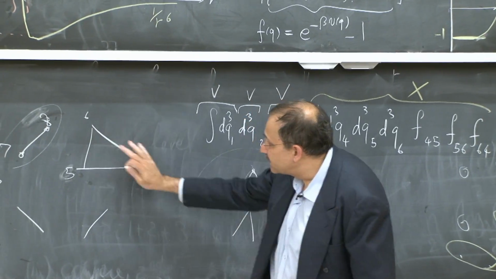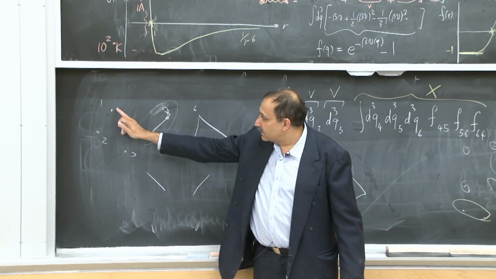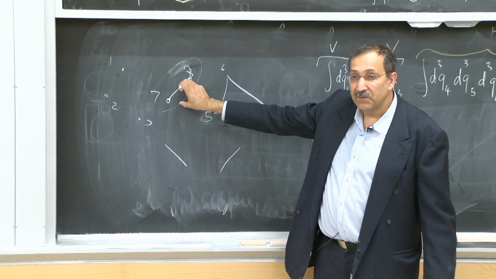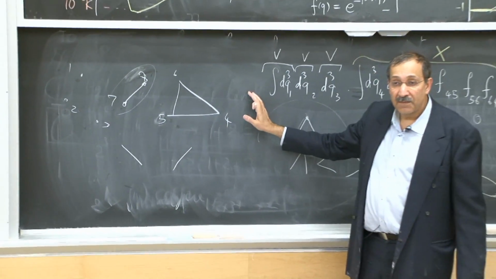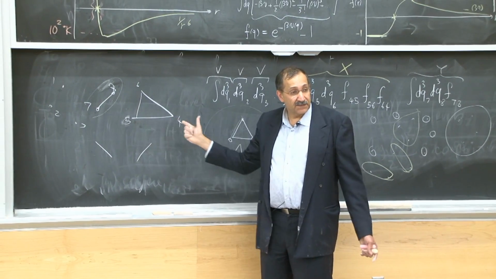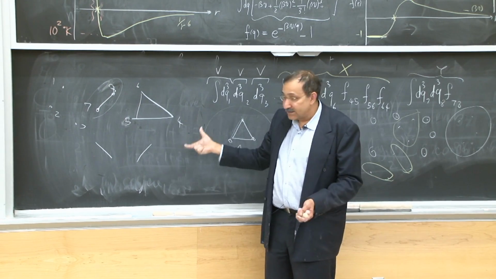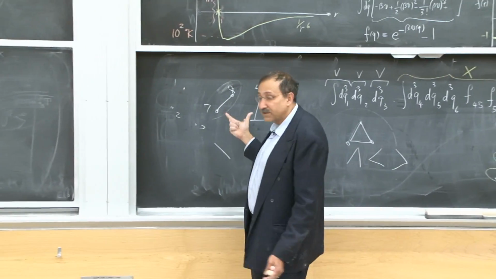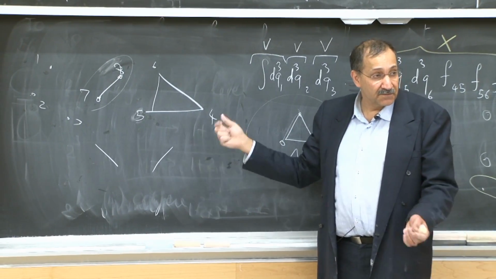So let's say we pick this diagram that has precisely a contribution which is b1 to the number of these 1 points, b2 to the power of the number of these, etc. But then I can take these labels 1, 2, 3, 4, 5, 6 that I assign to these things and permute them. If I permute them, I will get exactly the same contribution. So there is a large number of diagrams that have exactly this same contribution because of this permutation.